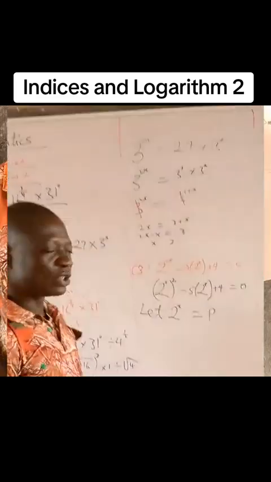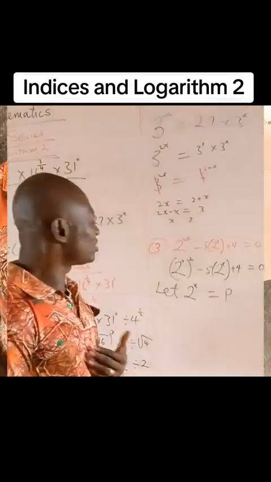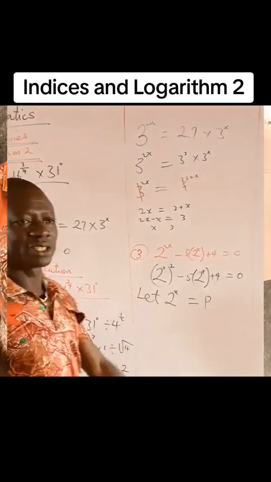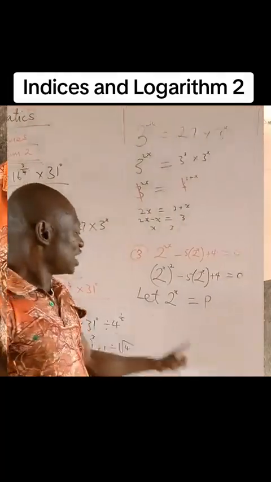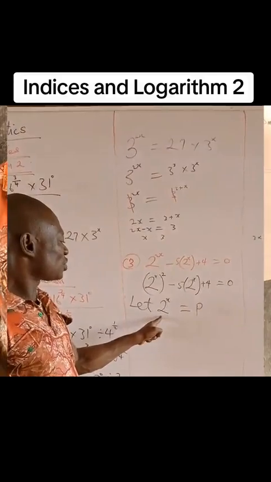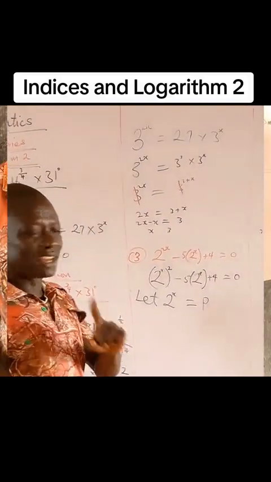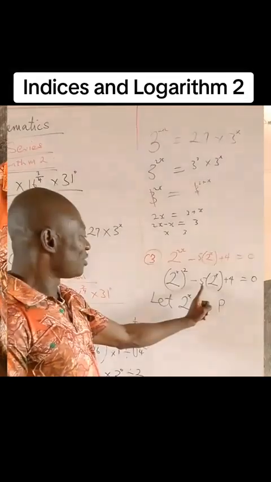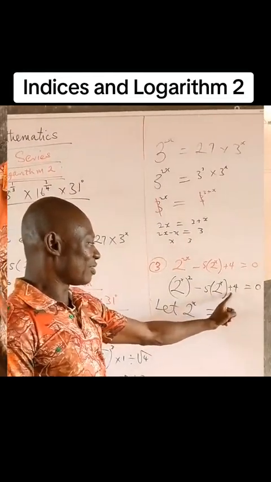Why are we going to use p to represent it? Because we cannot express them in the same base. If anywhere we see 2 raised to the power x, we are going to call it p, then what we have here will be p raised to the power 2. What we have here will be 5p plus 4.